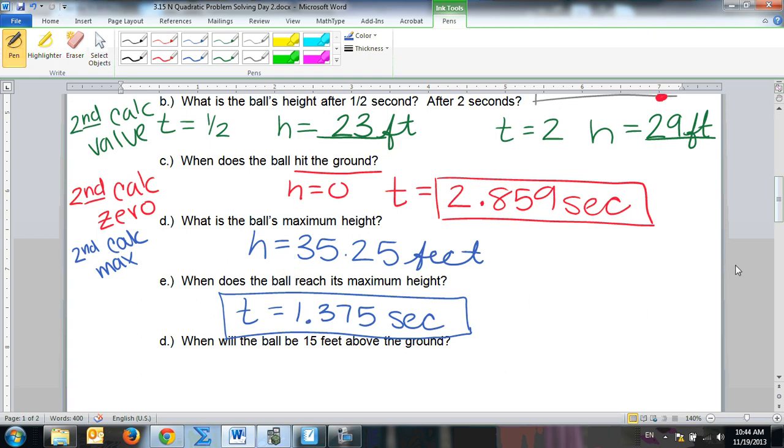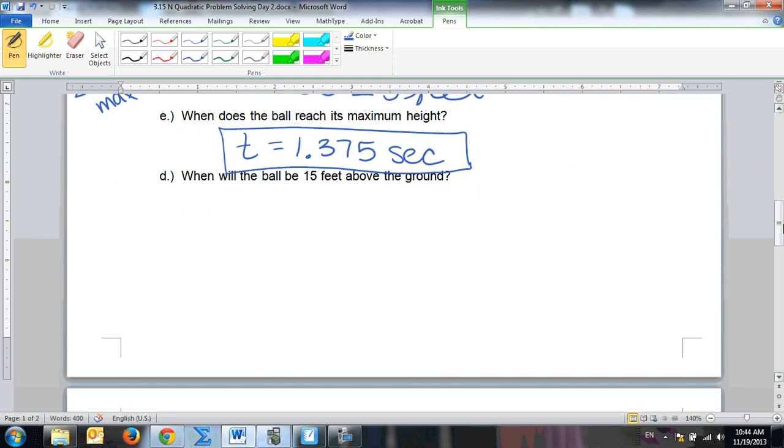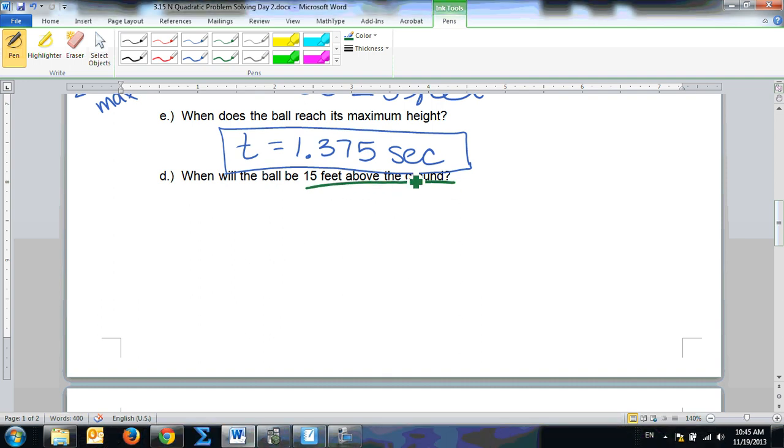Okay. When will the ball be 15 feet above the ground? This time, this 15 feet above the ground represents what? Guys, quiet down, please. This represents that y is equal to 15.